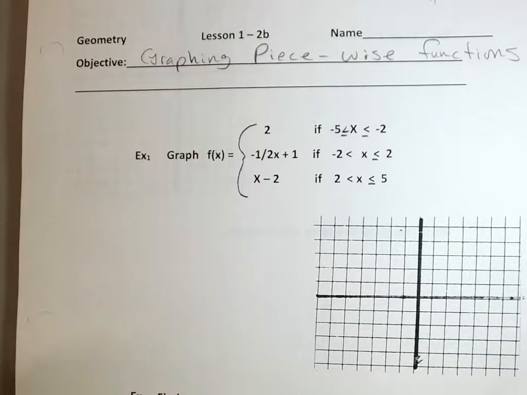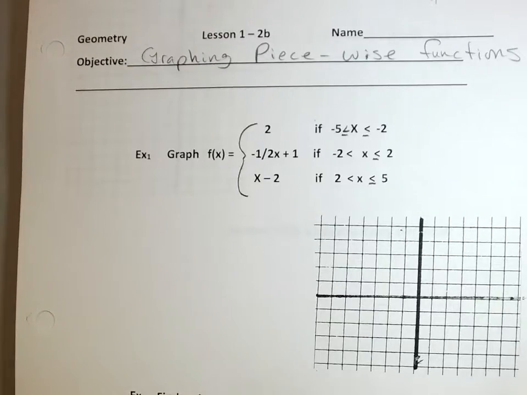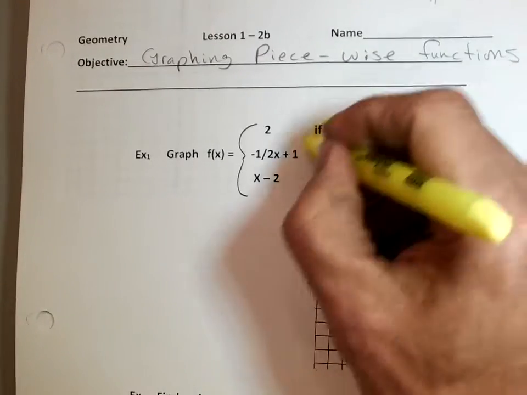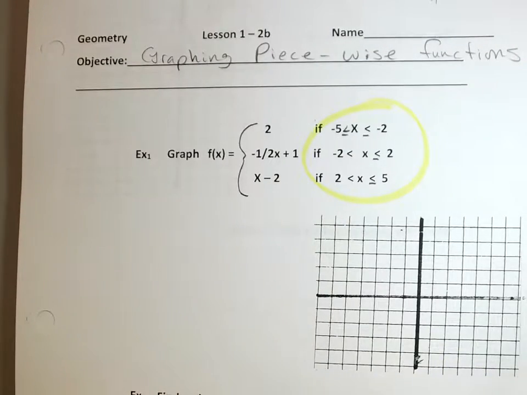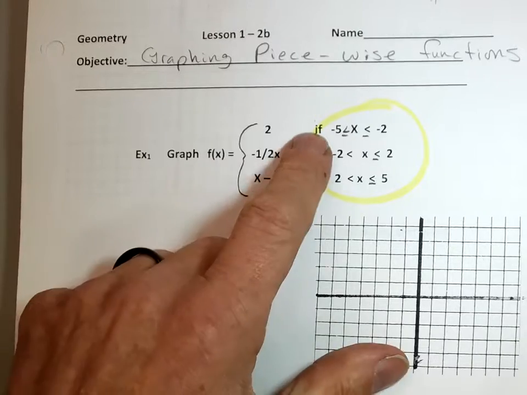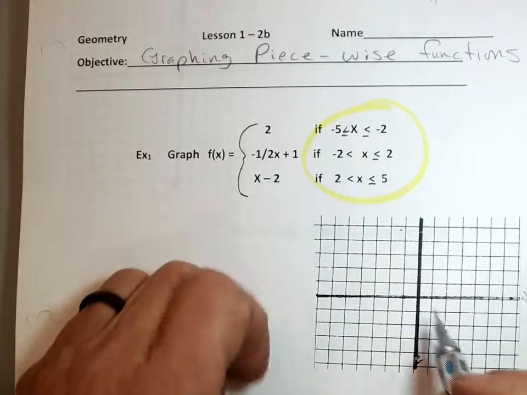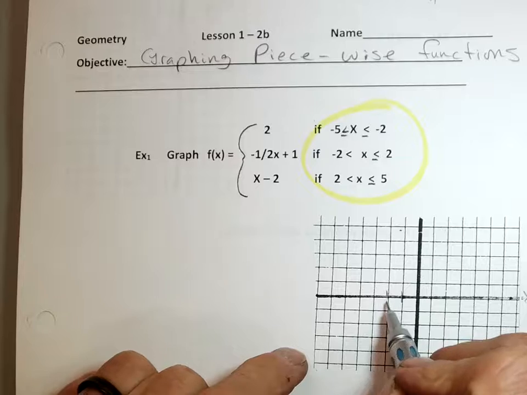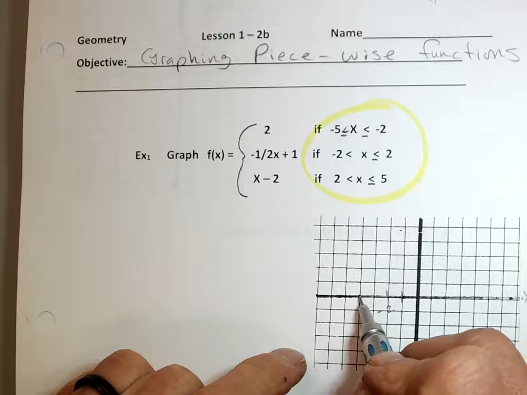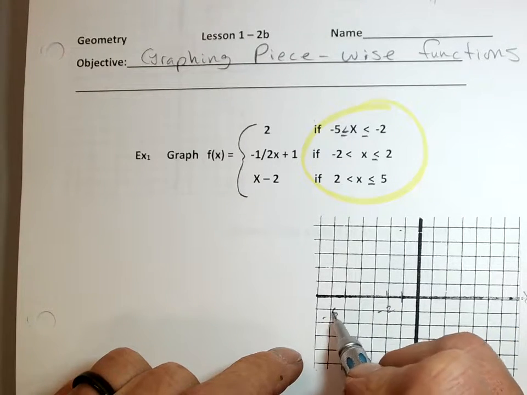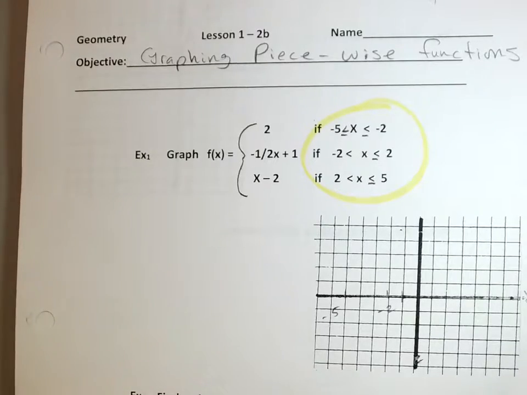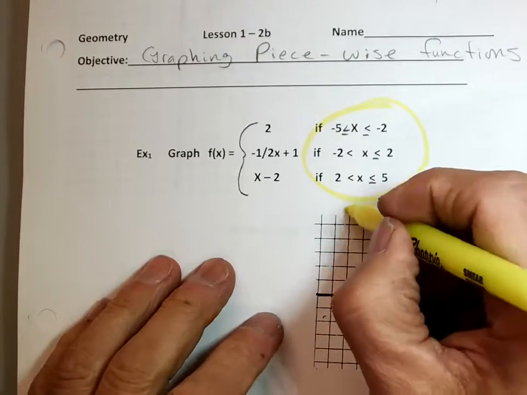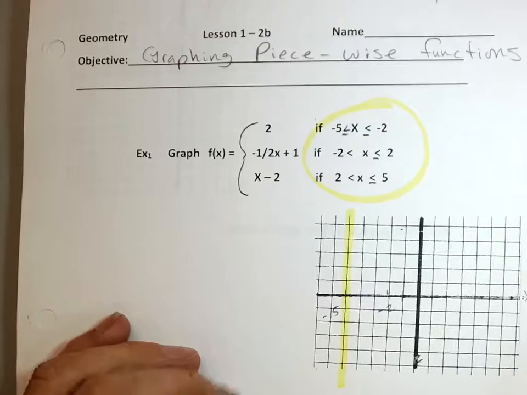What I want to do first, for me, personally, is I like to put in my border points first. So I'm going to try and put in my border points here. I'm going to go to -5 on the x-axis: -1, -2, -3, -4, -5. And I'm going to put in a borderline, okay? Because I know this helps me figure out where my graphs go.